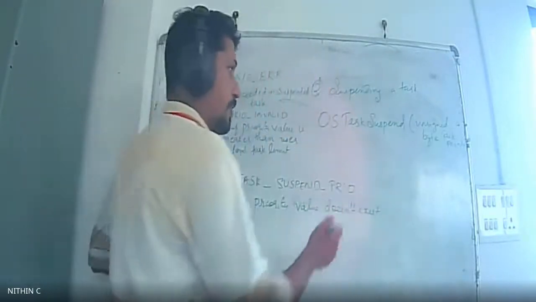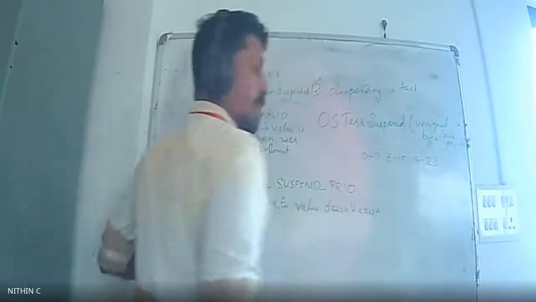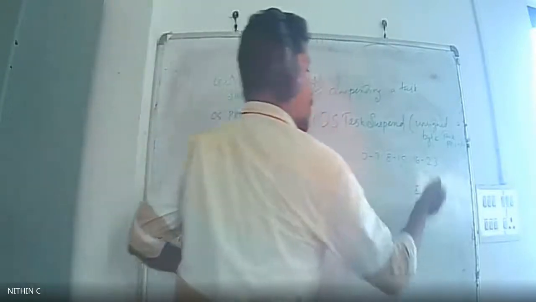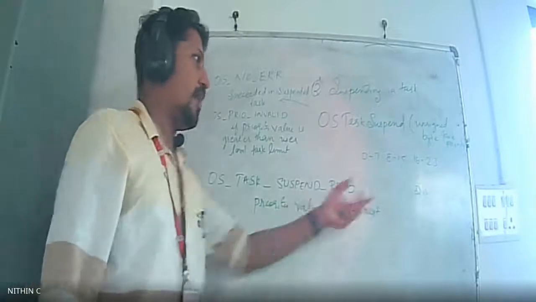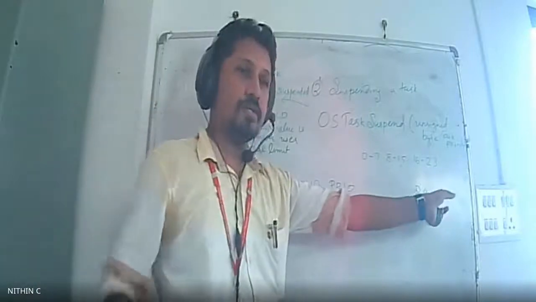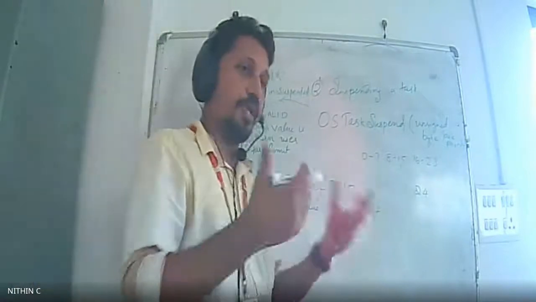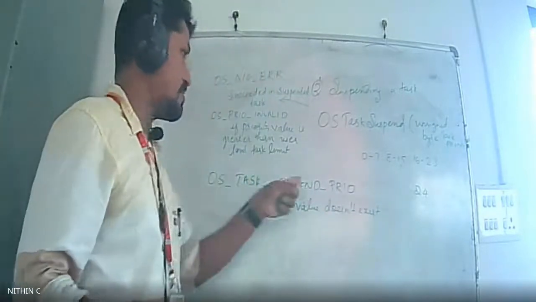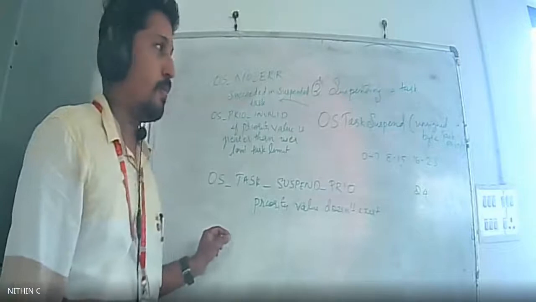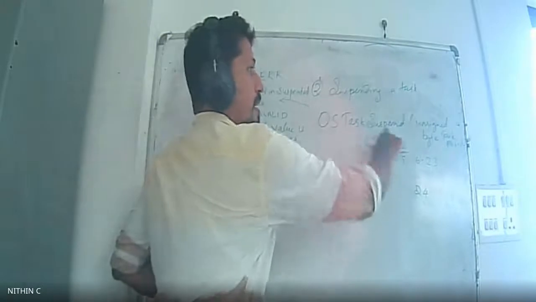That is, in our particular example, 0 to 7, 8 to 15, and 16 to 23, where you have 8 user level tasks, if you are using a value 24, which means that you are trying to access a priority task which is not existing. So in that case, you will get a message like this. If you are trying to suspend a task that is not existing, then you will get a message like OS task suspend prio, that is, priority value doesn't exist. So these are all the messages that will be returned or displayed once you use the function OS task suspend.